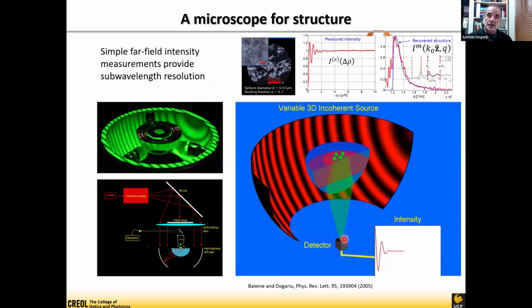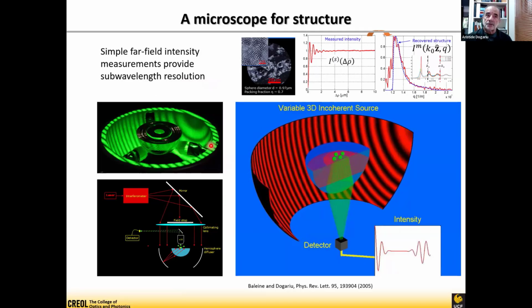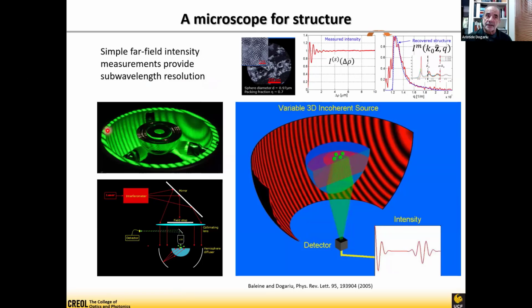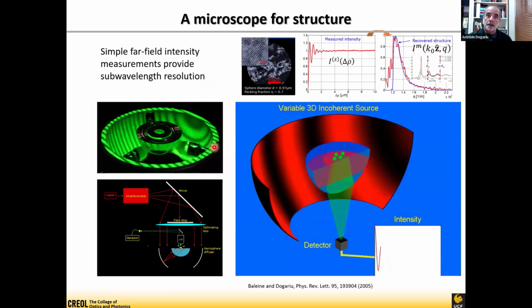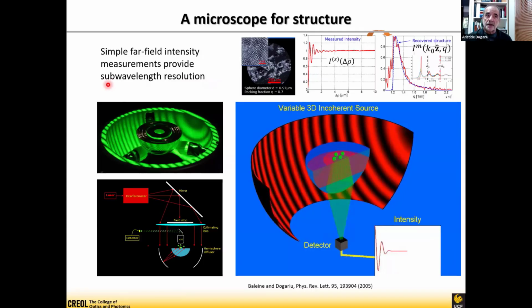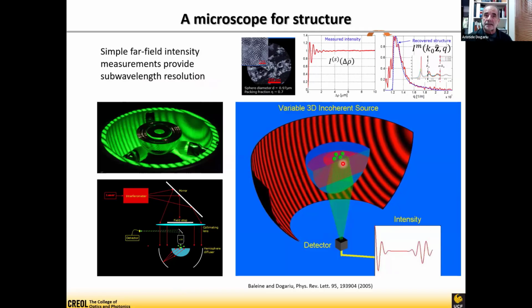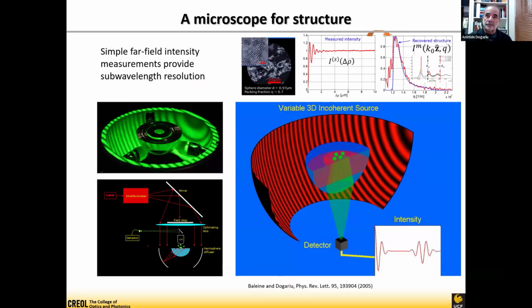So this is a very good example of a complicated, spatially incoherent source with an intensity modulation, and a very simple detector, to achieve performance that normally requires being in the near field of that target.